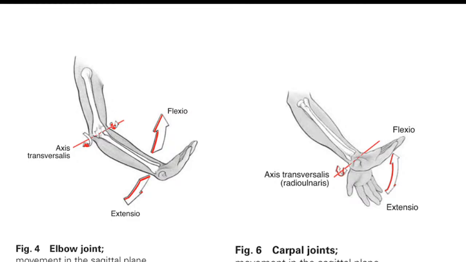This is axis transversalis through the joint. You see, this is flexion, this is extension, or anteversion and retroversion. Movement in the sagittal plane. This is movement of the bone.